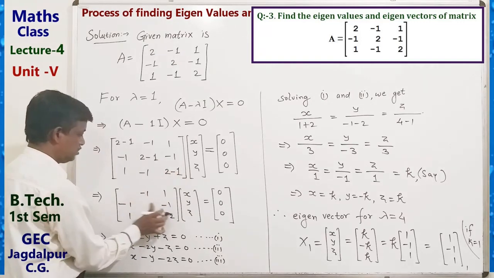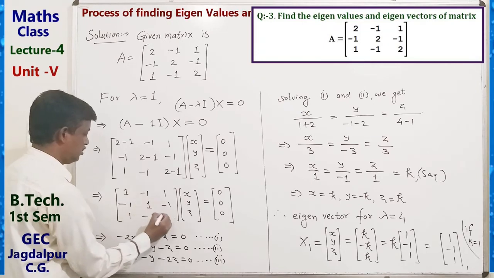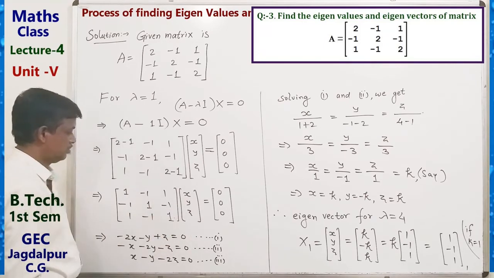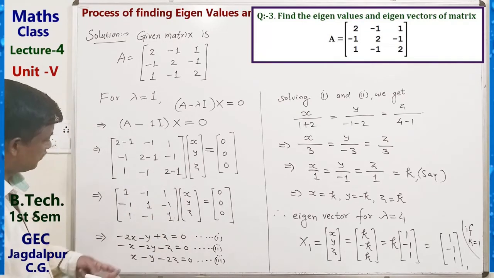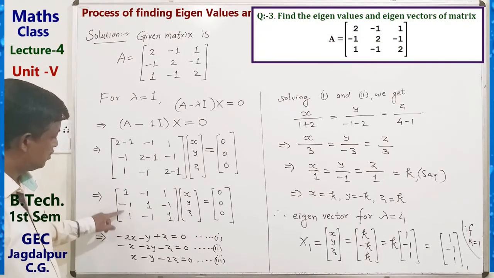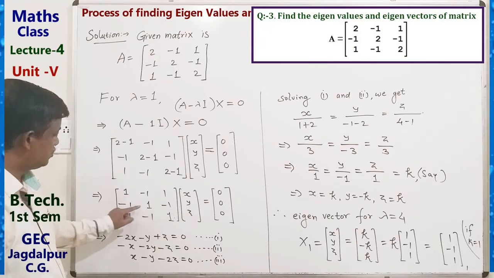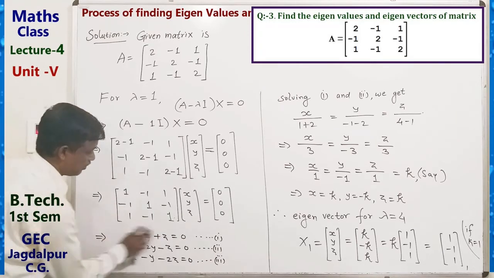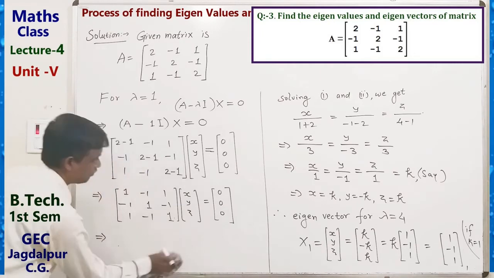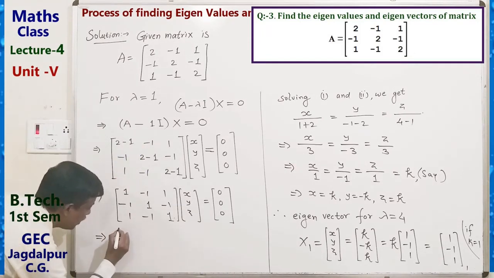So these three values will be what? 1, 1, 1. All are the same. This can be added to here 0. This can be subtracted here, 0, 0, 0. So it can be simplified like this.